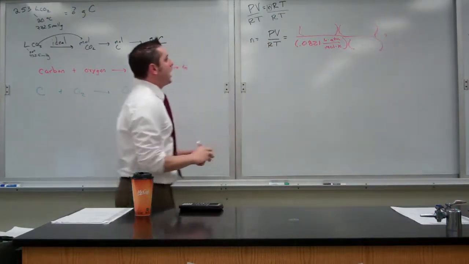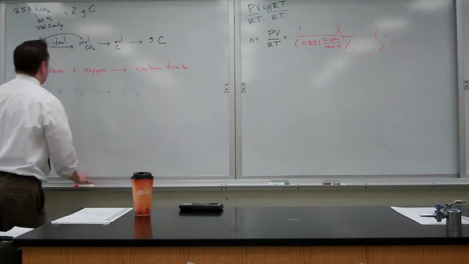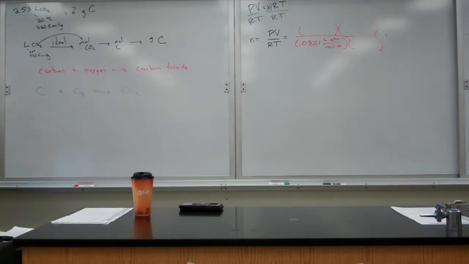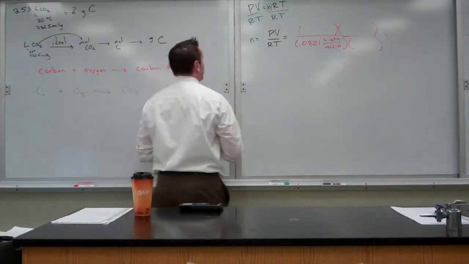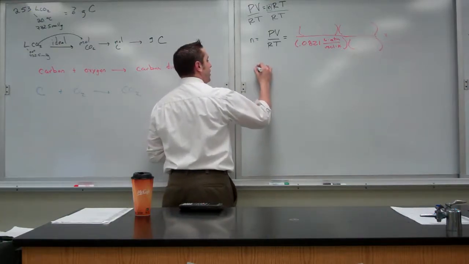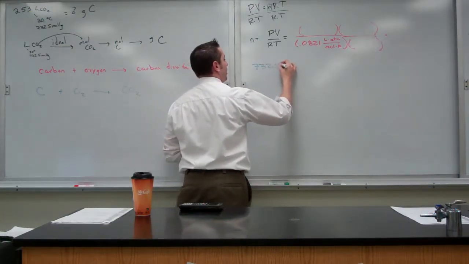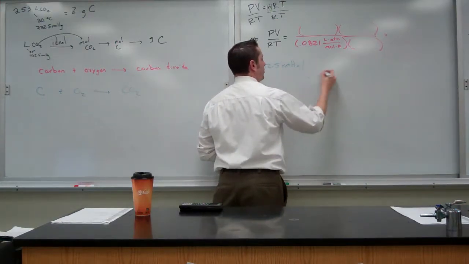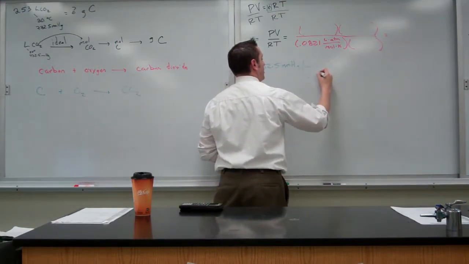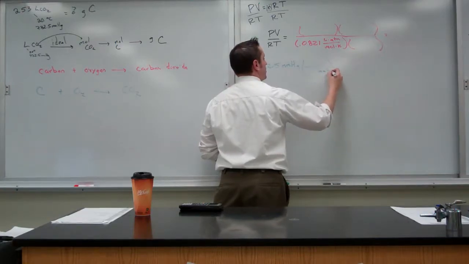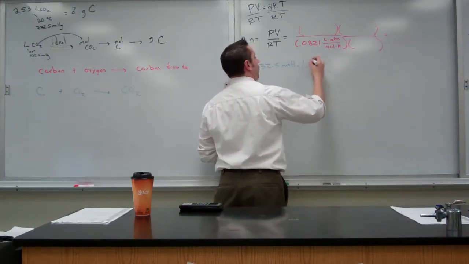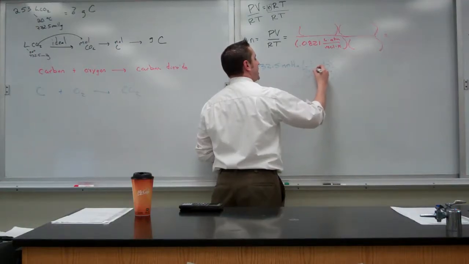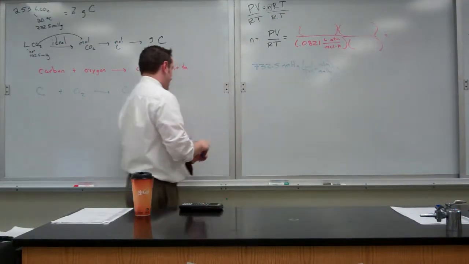So, first thing I would look at is my pressure. Is my pressure in atmospheres like it needs to be? No, it is not. It's in millimeters of mercury. So the first thing we have to do is convert our 732.5 mmHg into atmospheres, so that we can plug in 1 ATM, 760.00 millimeters of mercury.